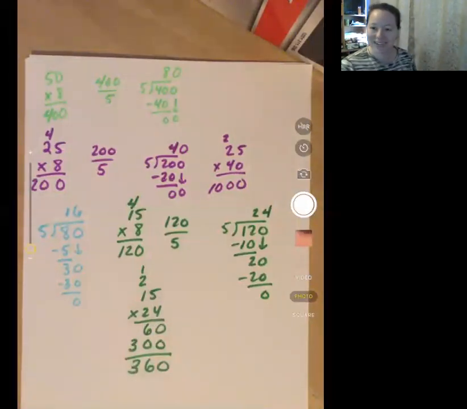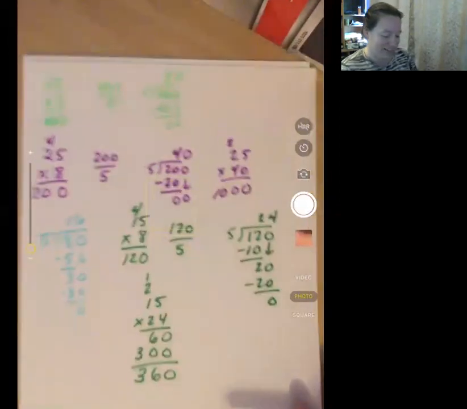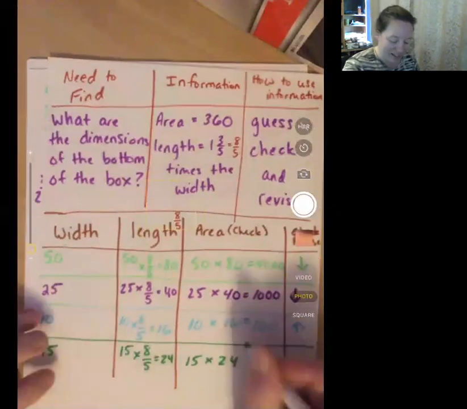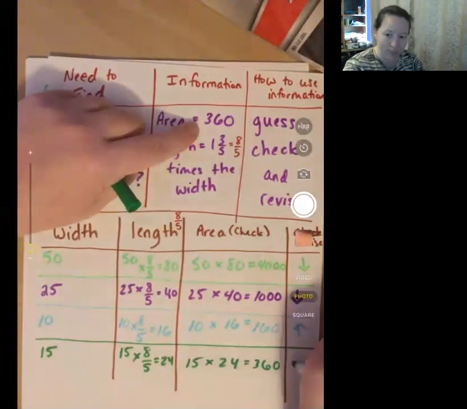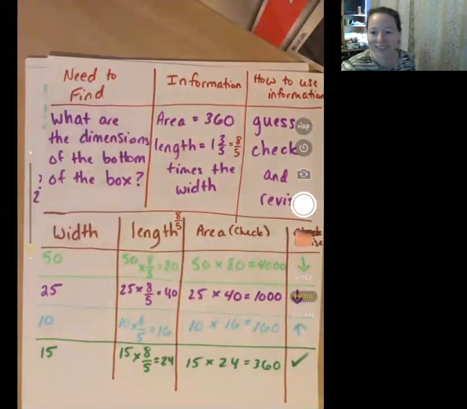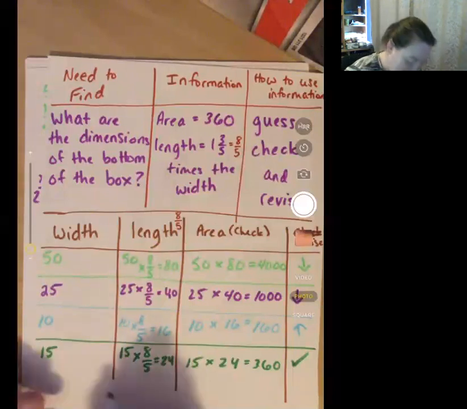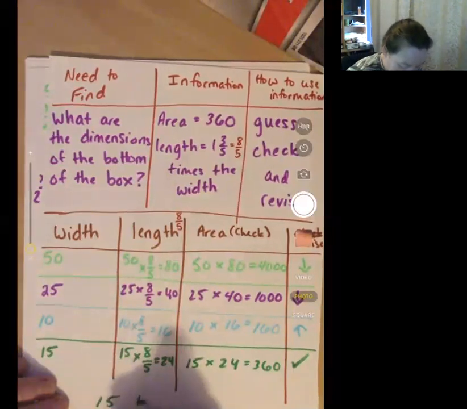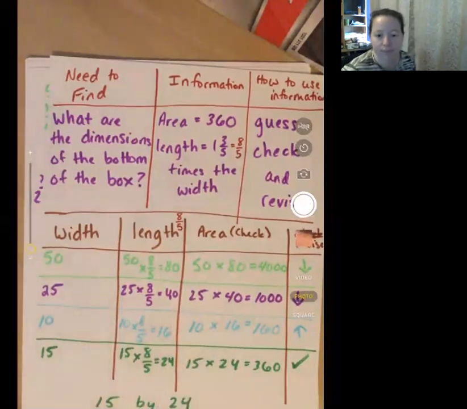Check that out. That is equal to 360, which is exactly what we wanted. Check. There we go. That's our number. So the dimensions of the bottom of the kitten's box will be 15 by 24.